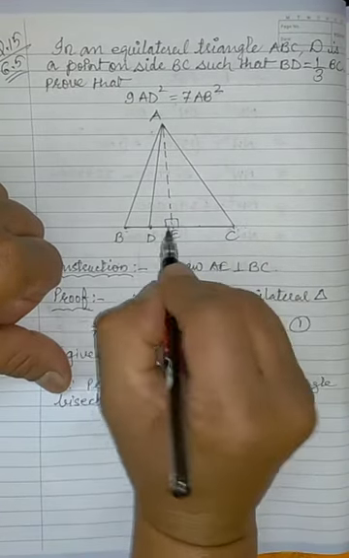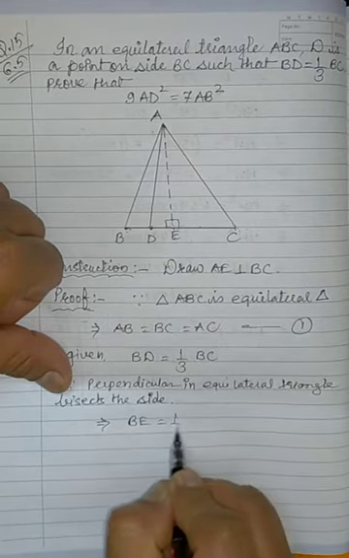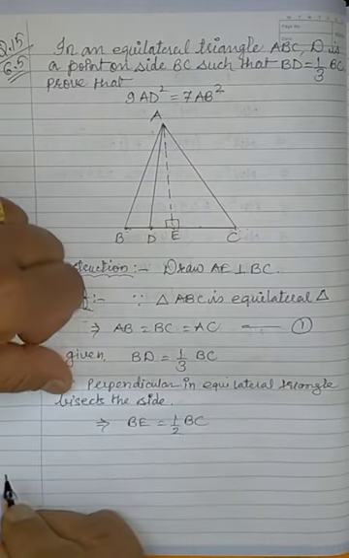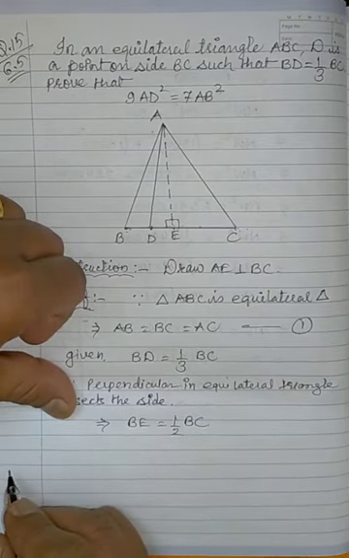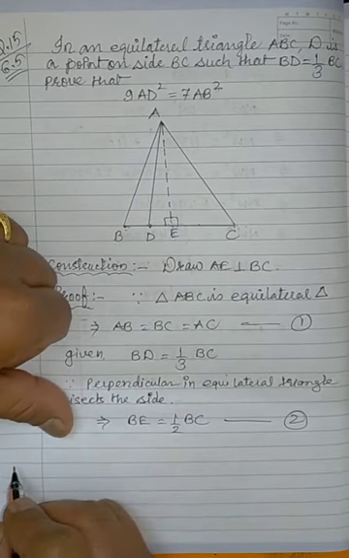So BE will be equal to half of BC. Let this be equation number 2.